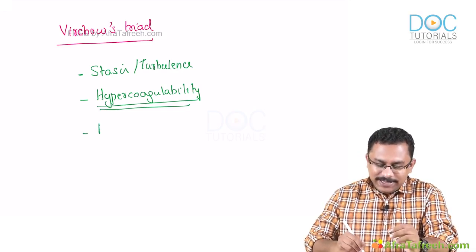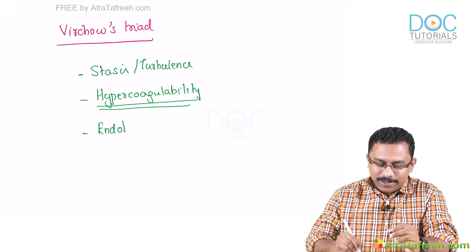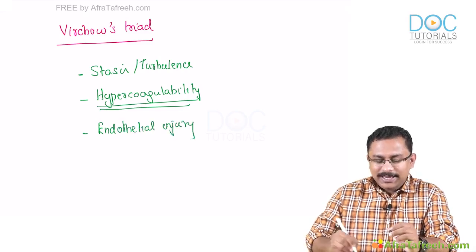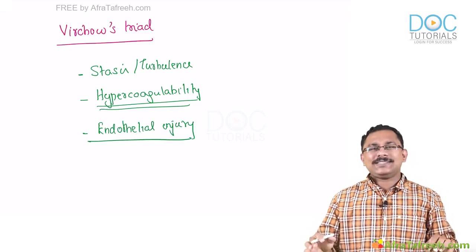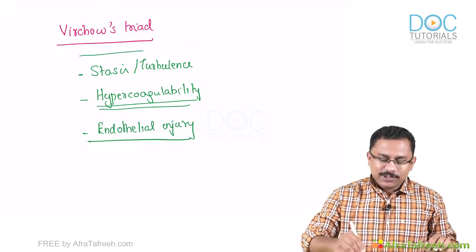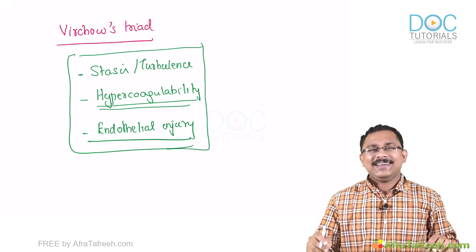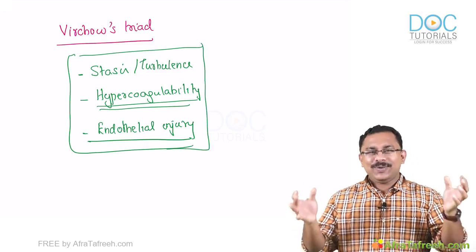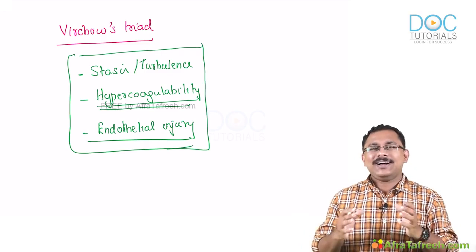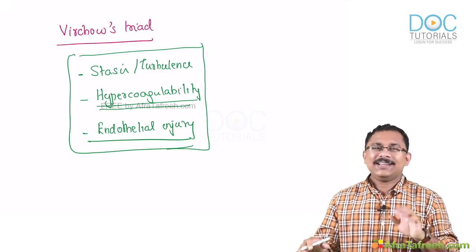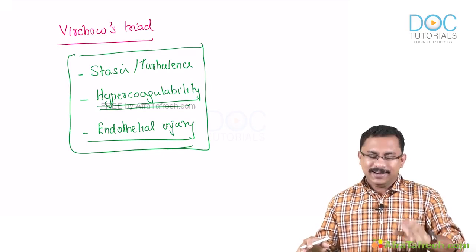The final one is the endothelial injury. So whenever there is an endothelial injury happening, again the chance of a clot formation is also high. So when any of these components of the Virchow's triad occurs, either individually or in combination, you have a high chance of a clot formation. Very clear, that is what you call your Virchow's triad.